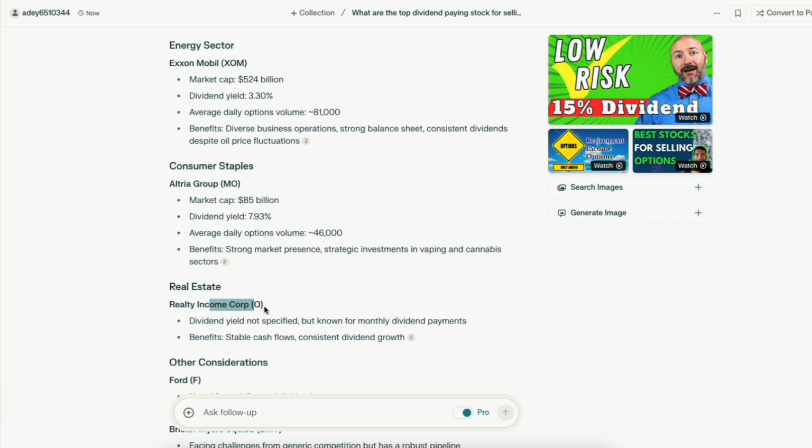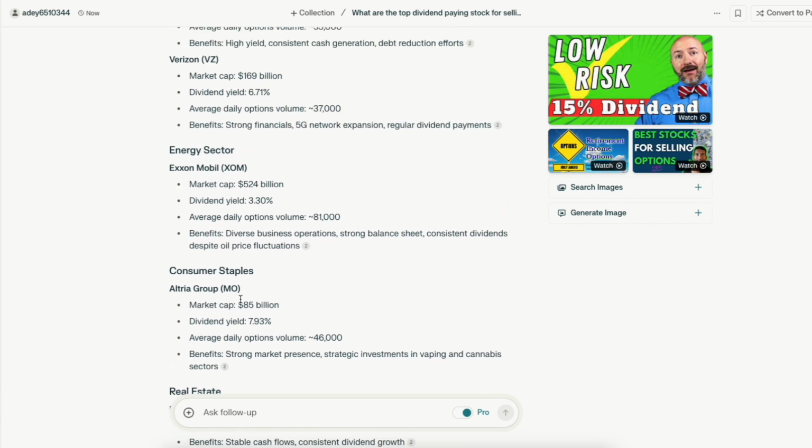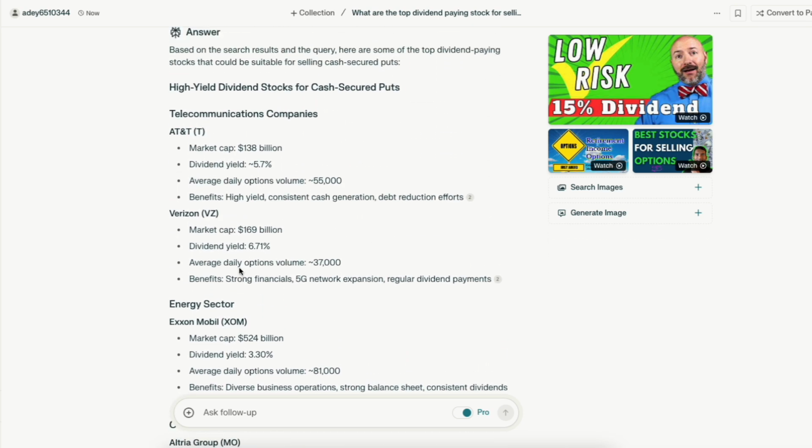And Realty Income, this used to be one of my favorites when I was mostly on the dividend side. I don't do much dividend investing right now. I kind of do the wheel along with the dividend too, so not completely on the dividend, but I would say these are the top 5 that you can get.